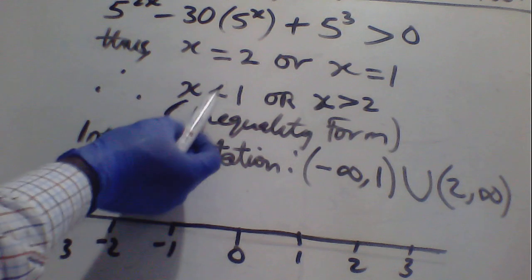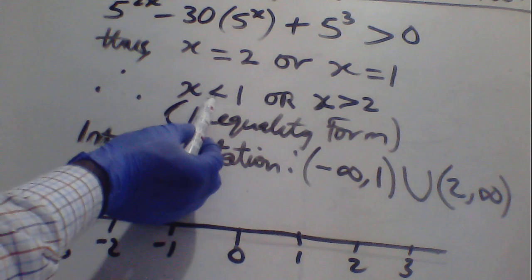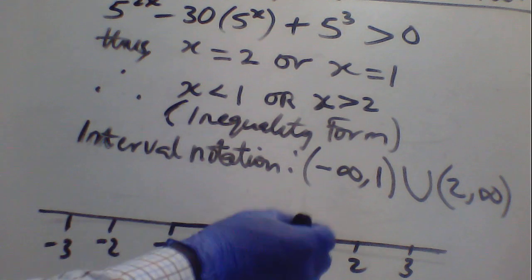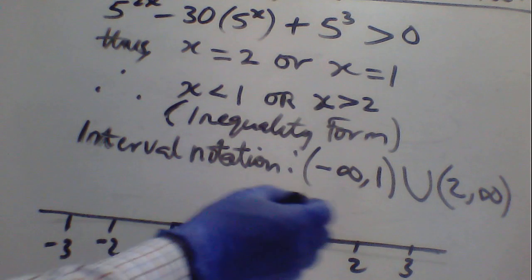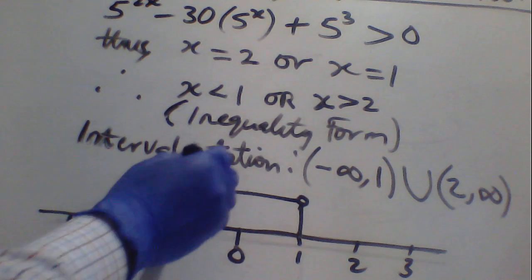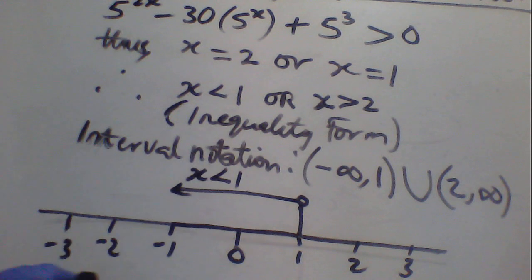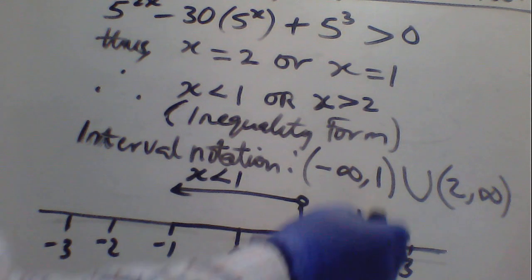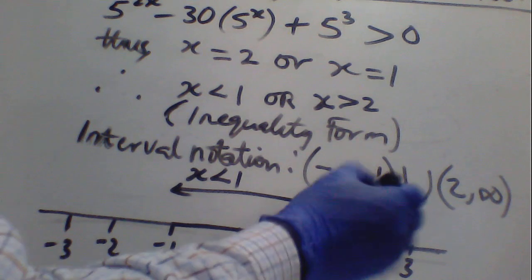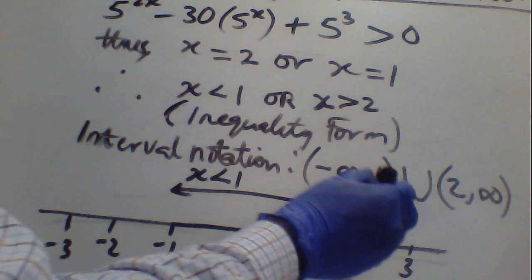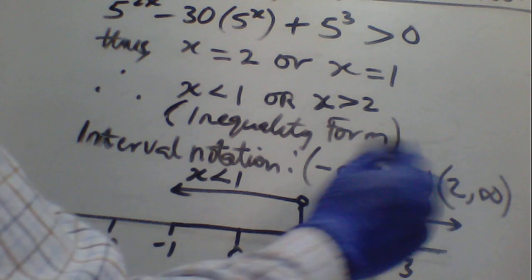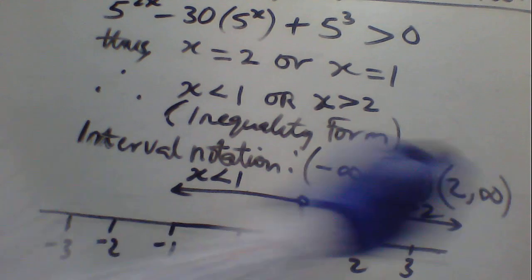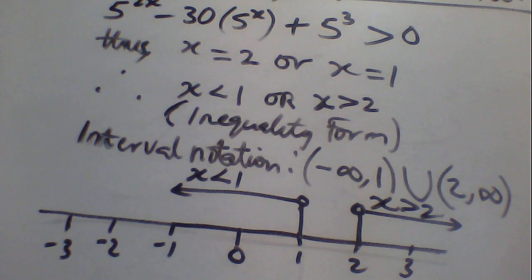Because of the sign you see here, less than, you come to 1. You notice that I didn't change the 0. Here you have x less than 1. You come to 2. At this point, this is not shaded. This interval also is x greater than 2. So this is how you can sketch the inequality.